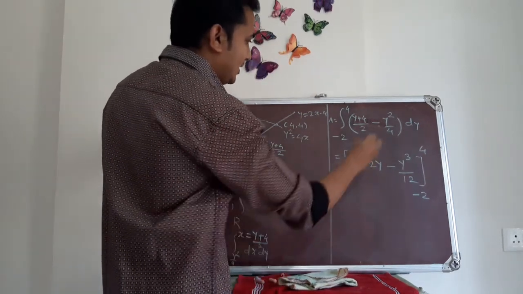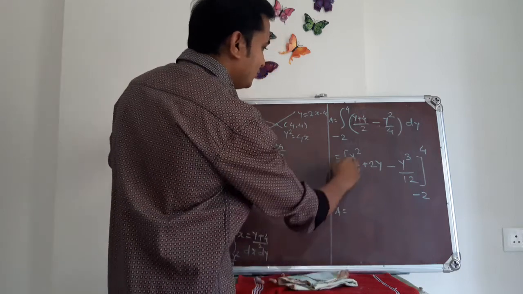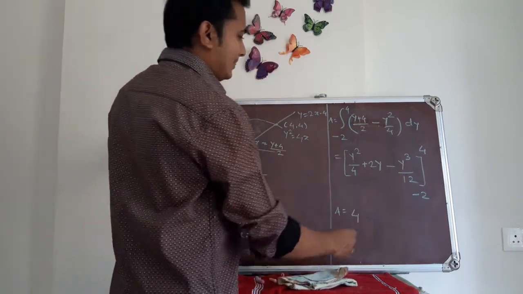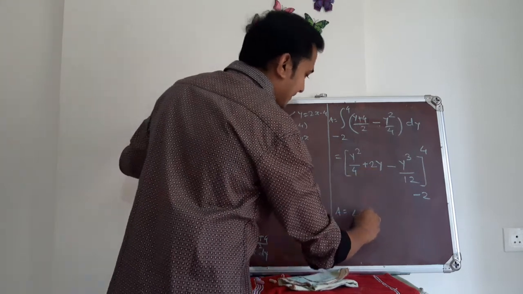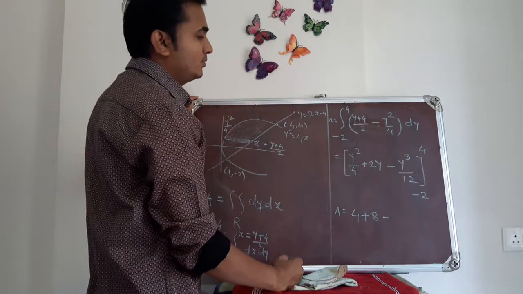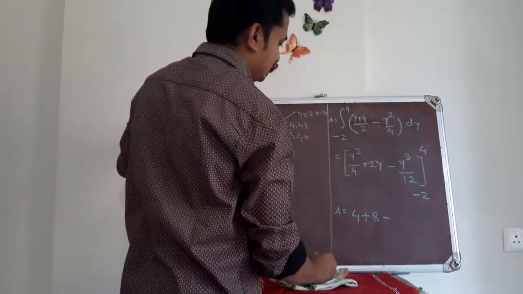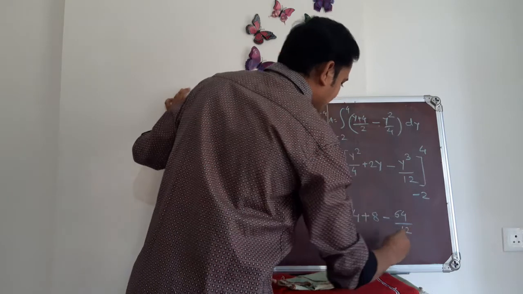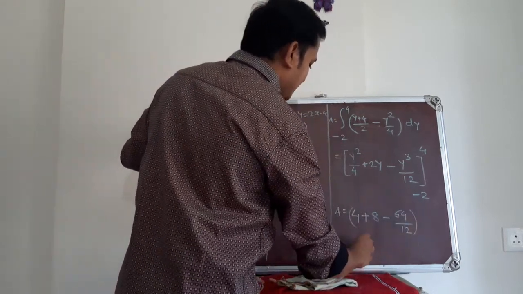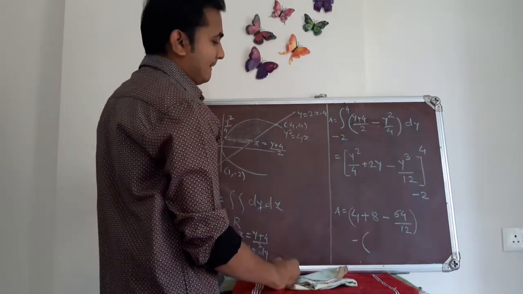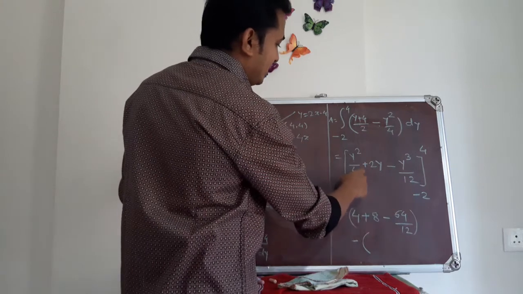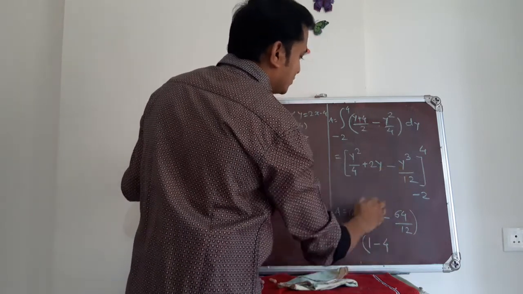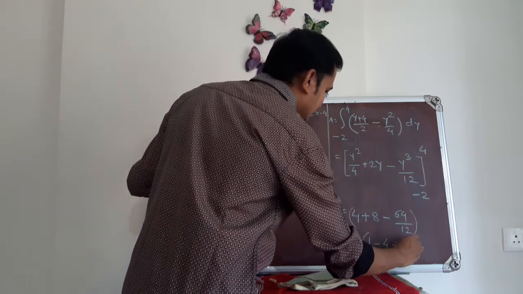So for the upper limit, A is equal to 4 square, that is 16 by 4, 4, then 4 into 2, 8, minus 4 cube, that is 64 by 12, minus the lower limit, so this will become 4 by 4, which is 1, minus 4, minus 2 cube, that is minus 8, minus becomes plus 8 upon 12.